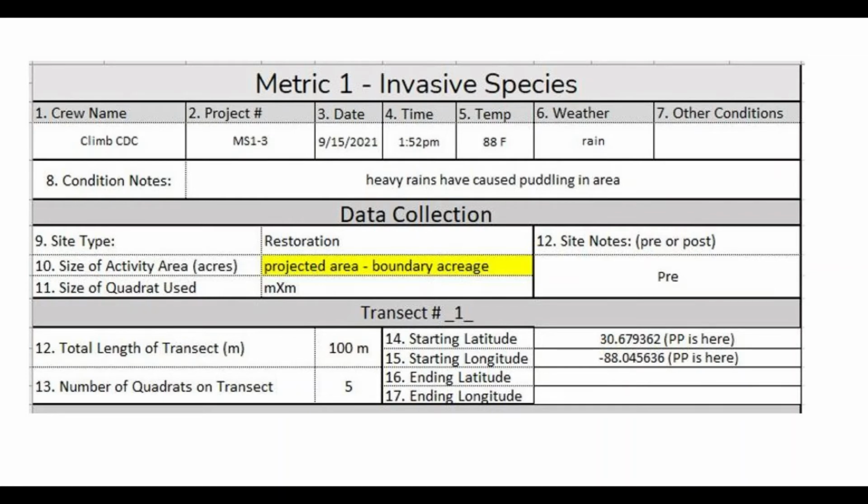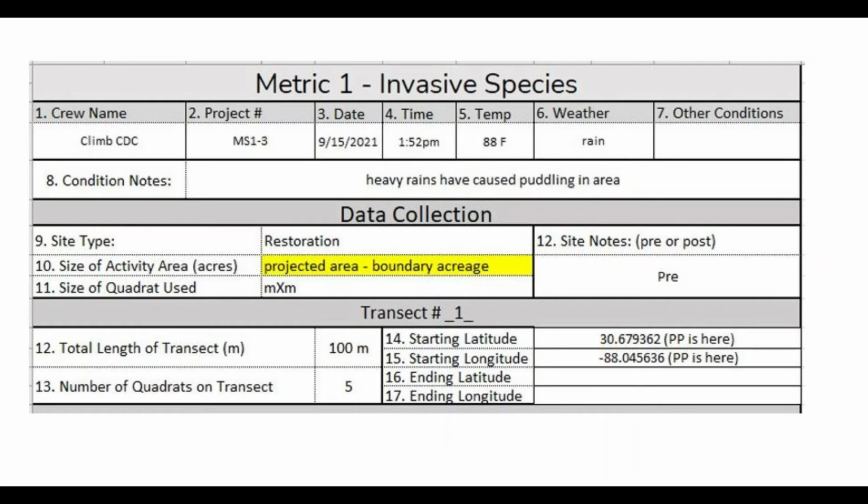You could potentially have a control. You're going to want to put in site notes, pre or post, referring to baseline or after work was done. So this is an example of baseline, so we'll put pre. For the size of the activity area, because we haven't done the work, we don't know exactly how much we're going to get done, but we should have a projected area that we're going to accomplish, just a boundary that we've been provided by the partner.